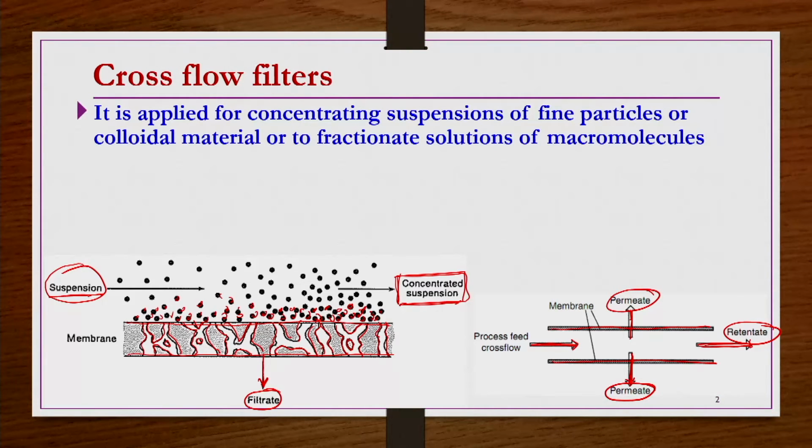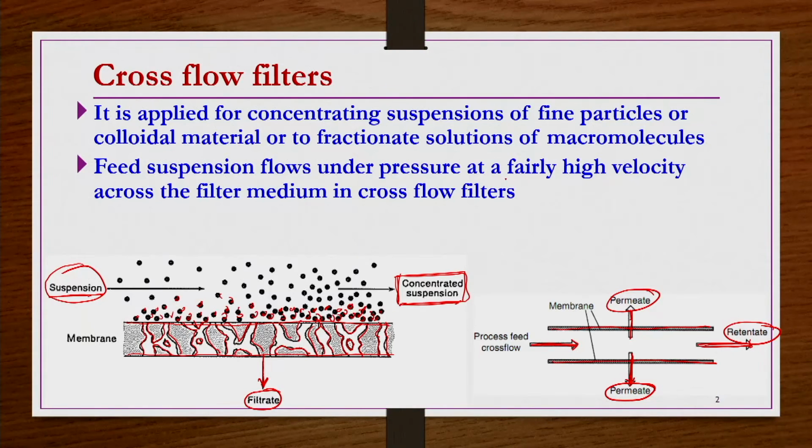Now it is applied for concentrating suspensions of fine particles or colloidal material, or to fractionate solutions of macromolecules. That is the main purpose of cross flow filtration, where membranes are used as the filter medium. Feed suspension flows under pressure at fairly high velocity across the filter medium in cross flow filters.